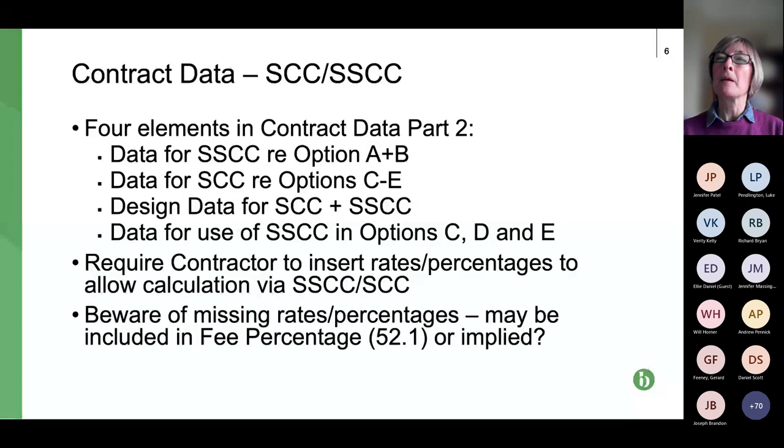So it's important that you logically work out which bits you need to fill in and that you fill all of them in. There are lots of blanks for pounds with pound signs, so amounts of money to be included, and also percentages, and also in some cases references to third-party price lists, for example. So please complete it in full.